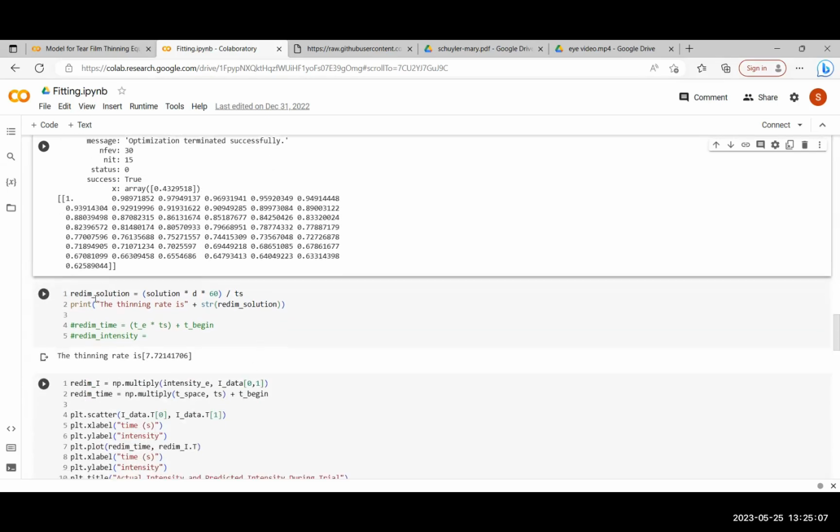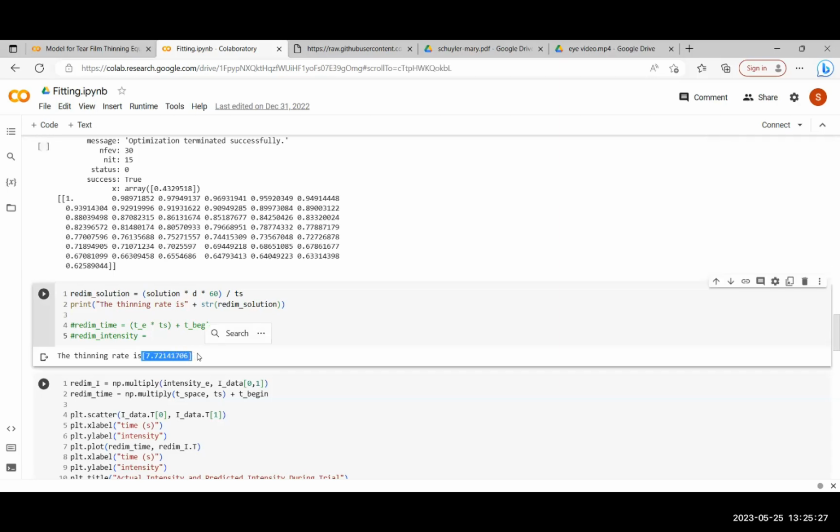So once we have that, we basically just have to redimensionalize our solution. So we multiply by D, which is the starting height, and we multiply that by 60 and divide by TS, which I think we got when we non-dimensionalized our time. So once we redimensionalize that, we get that the thinning rate is about 7.7, and that's the one that makes the ODE best fit our data.